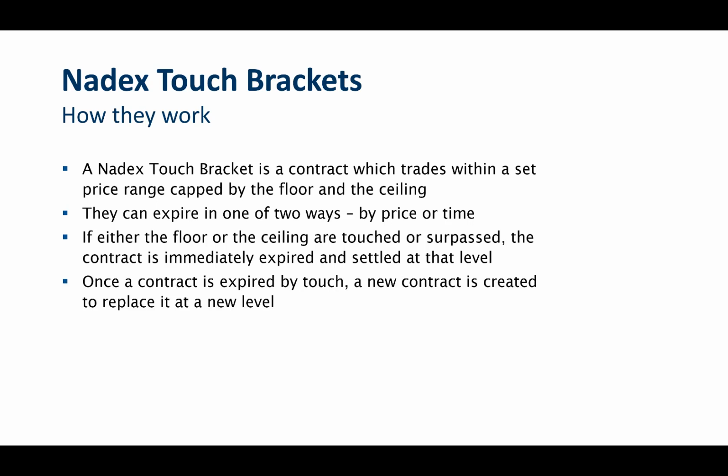Once a contract is expired by touch, a new contract is created to replace it at a new level. That's why these are called touch brackets. If either of the boundaries is touched, then a new range is created. The previous one immediately expired at that level. A new touch bracket, if one is created, will have the same expiration date as the original series.